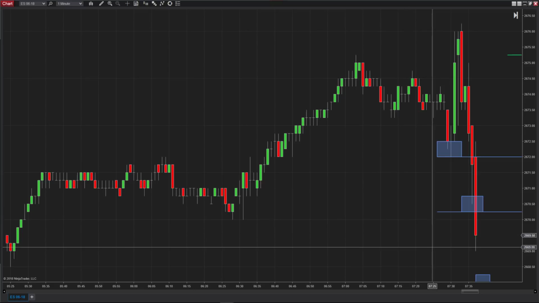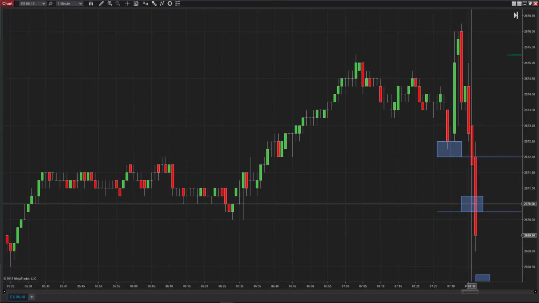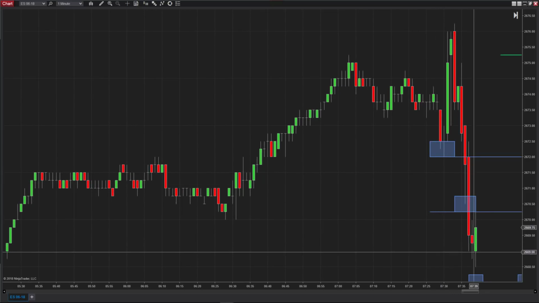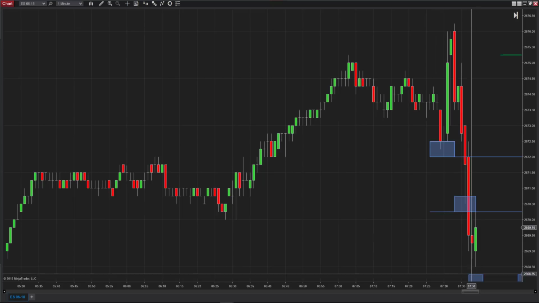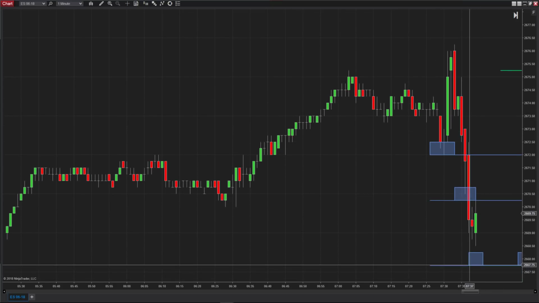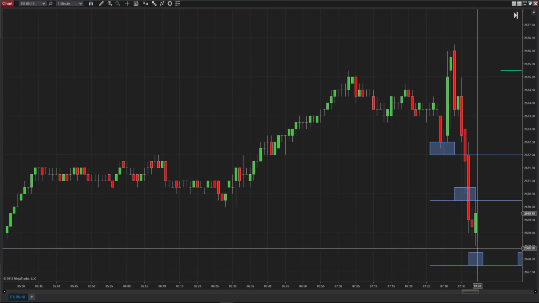As the market's developing, this one came up here for a couple of points, and now we're back down past our entry. So what do we have down here? We have another price level. This was the 67.75 price, and we got a tick away from a potential entry.